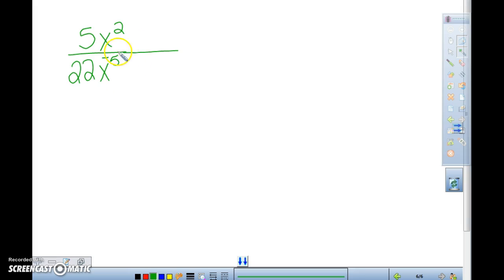How about y to the third power. W to the eighth. Okay, let's put some y and w. Okay. Here we go. Simplify. Go for it. You and your partner, right now, simplify this crazy looking thing.